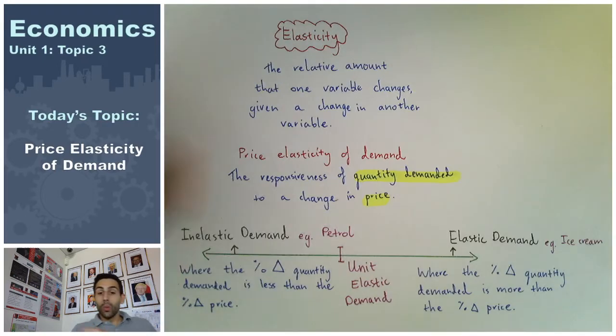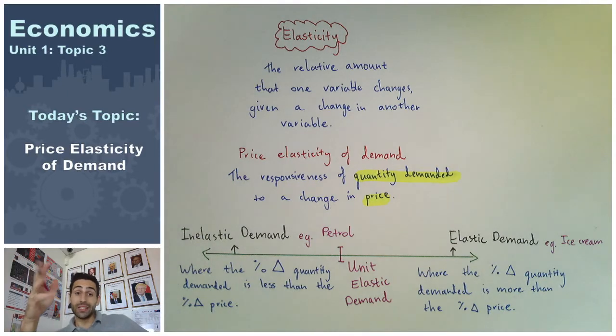Unit elastic demand is a situation where the price may change by 1% and then demand changes by 1%. It's proportional. So there's a proportional change in price and quantity demanded. It's literally 1 for 1.